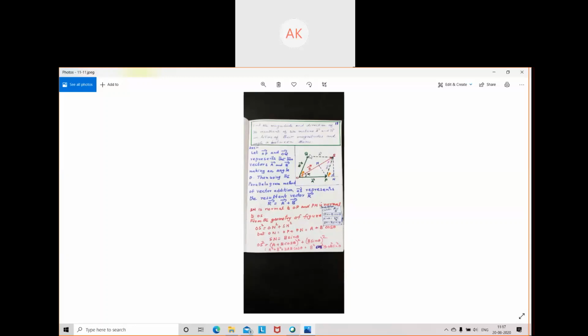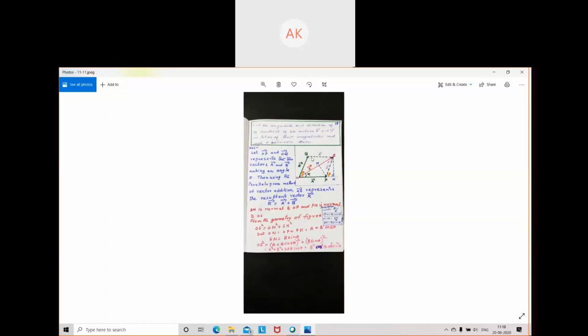Then you just draw vector A with the same magnitude and direction, and vector B with the same magnitude and direction, from the same point. They are represented as the adjacent sides of a parallelogram. Okay, your first work is that: we have represented them as the two adjacent sides of a parallelogram.